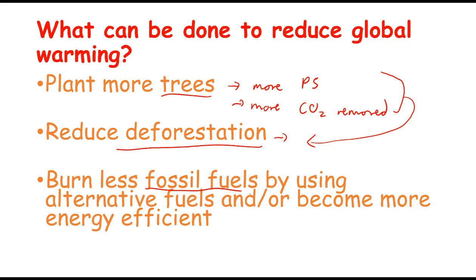So burn less fossil fuels, which releases carbon dioxide, by using alternative fuels, e.g. hydrogen, or becoming more energy efficient. So that could be things like turning off the lights when you're not using them, getting your home better insulated, so you need to burn less fossil fuels, and lots of things like that.